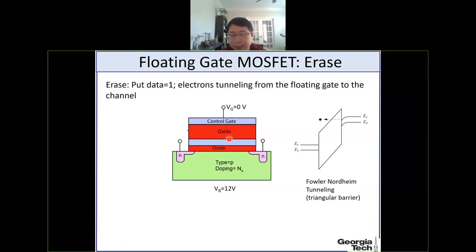And that is because nominally the oxide will not conduct current, right? So electrons stay there. Electrons cannot go away because nominally the oxide is insulating. So the electrons going in and out must be assisted by this 12 volt, very large voltage. But in the nominal case, when you do the hold operation, you don't apply any voltage, and then those electrons will stay there for a long time.